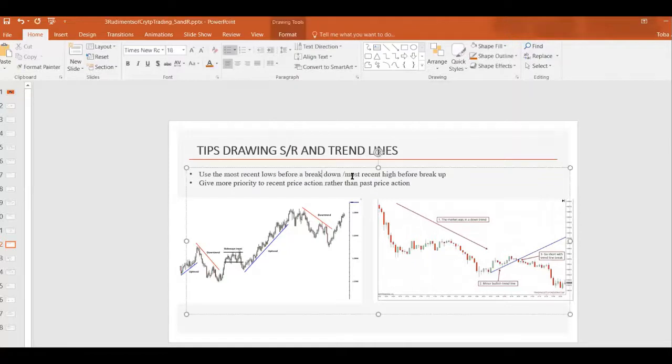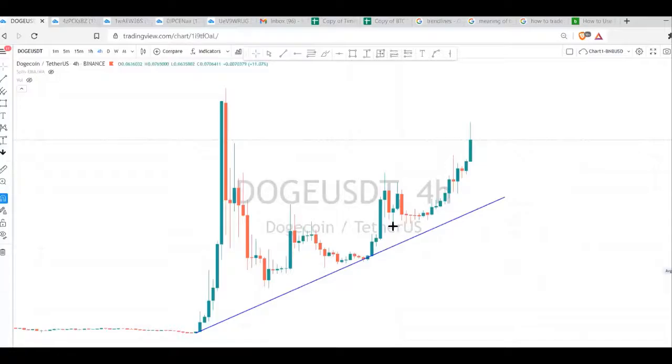But for things to be more understandable for me, I call it a breakdown if the price is breaking down, and I call it a break up if the price is breaking up. So when we want to draw a line, use the most recent lows before a break. Let's just look at it here. Let's look at this line now. You notice that price has been going up here.